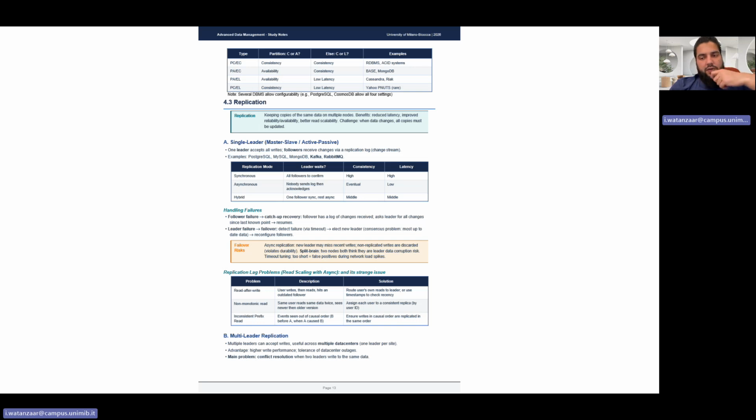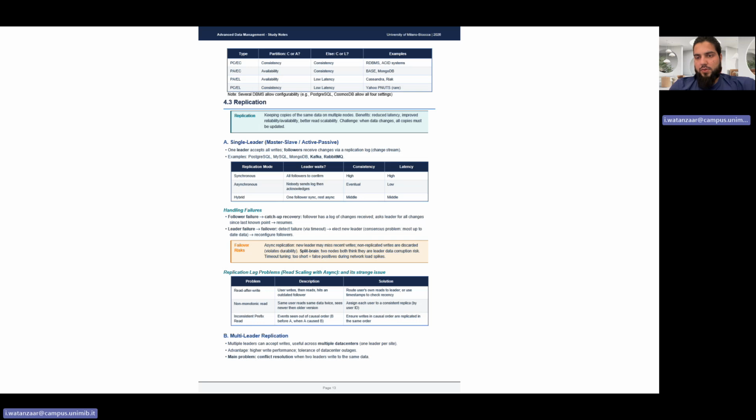Like if a user requests the data, on one node the data is old and on the other it's new. Okay, so this is the idea of non-monotonic read. Initially they are reading twice, but one time it is newer and the other time it is the older version.